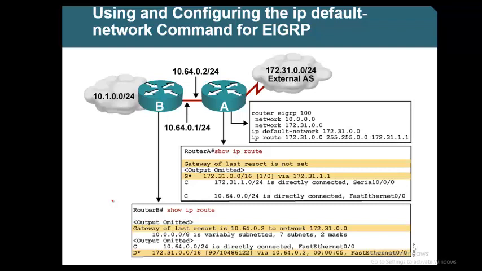So EIGRP allows us to distribute a default route, which reduces our manual configuration of default route.